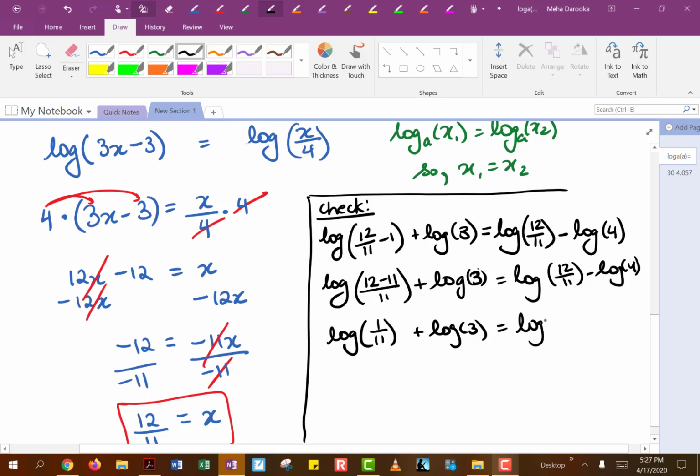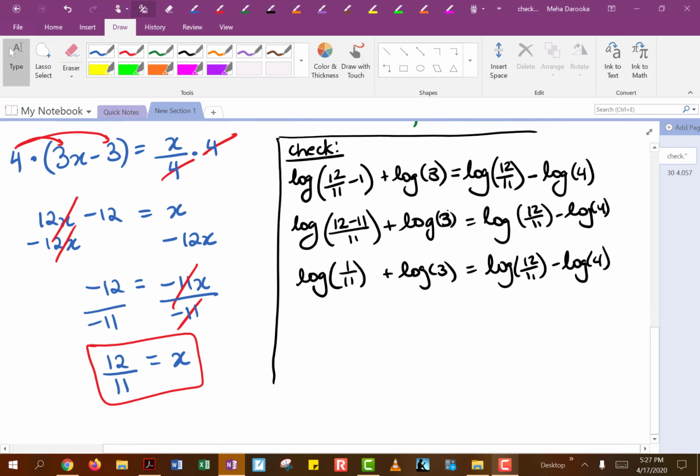Now you can do decimal approximations on both sides and just make sure that you are coming up with the same value. So let's see what these decimal approximations come out to be.